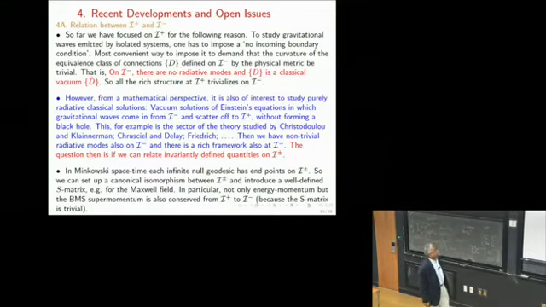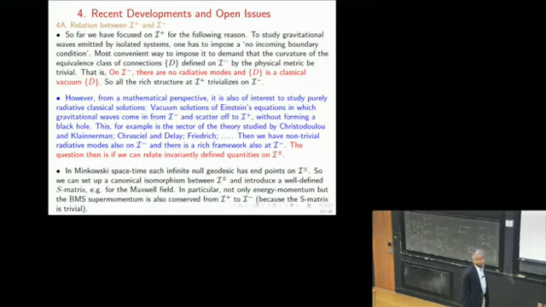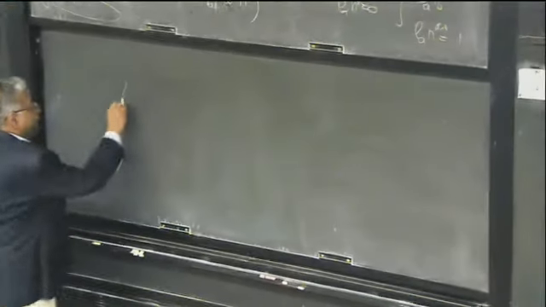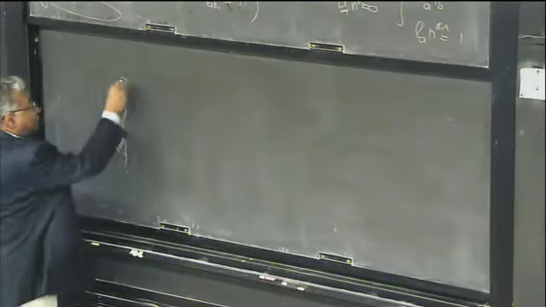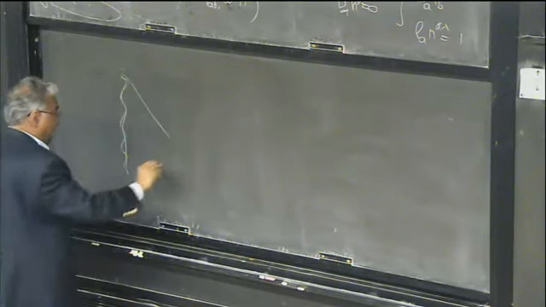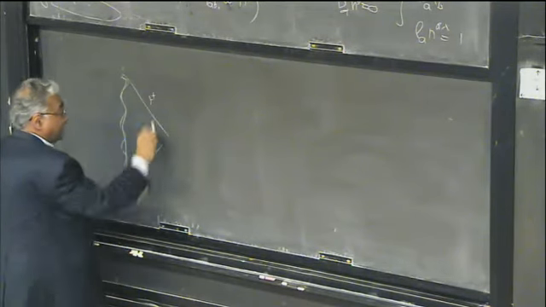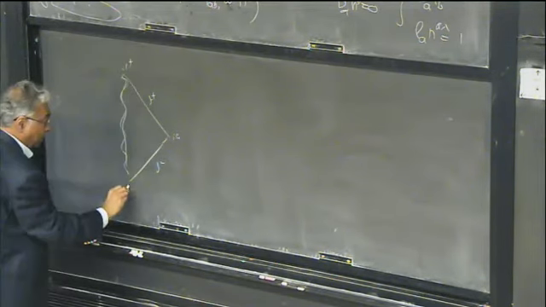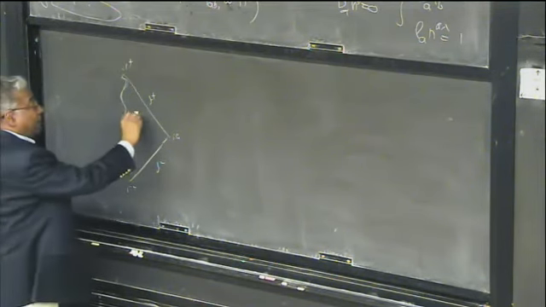So far, we have focused only on Scri+ for the following reason. To study gravitational waves emitted by isolated systems, so if you are really interested just in this diagram that I've been drawing, where I have some object radiating gravitational waves, and I have Scri+ and Scri-, then I'm only interested in that.